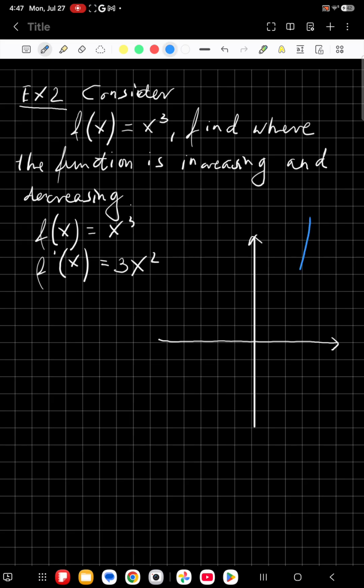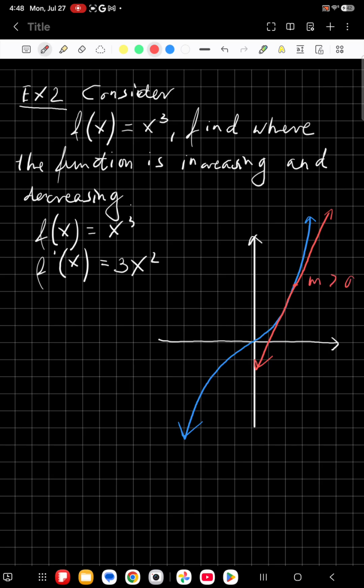And here's the graph of a cubic function. I'm just sketching it. And you can see that if you draw the tangent line to the graph here, the slope will be positive.